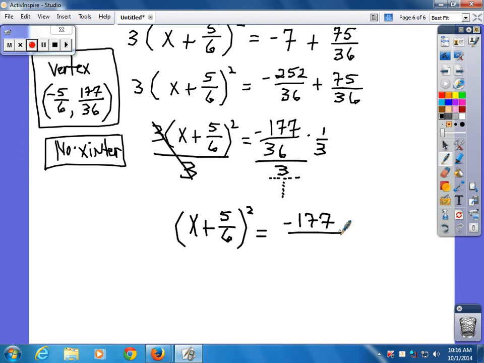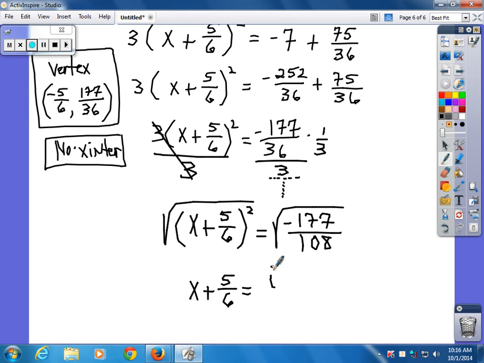I'm asking y'all. And take the square root of both sides. That's going to be x plus 5/6 is equal to the square root, or i, times the square root of 177 over 108.